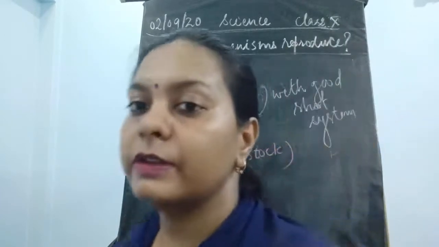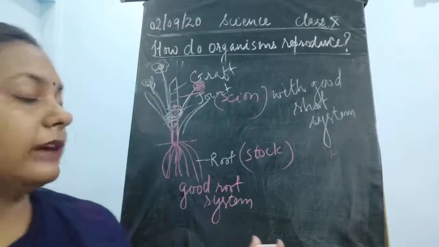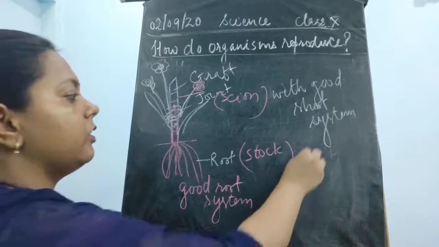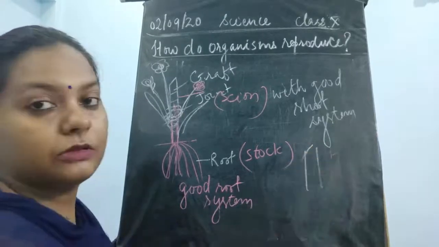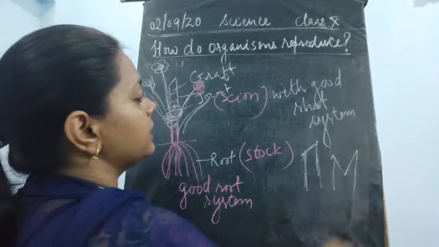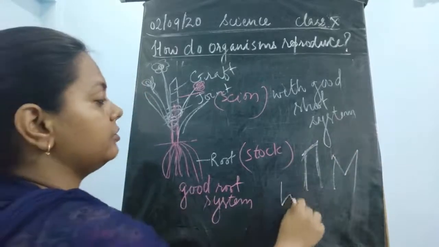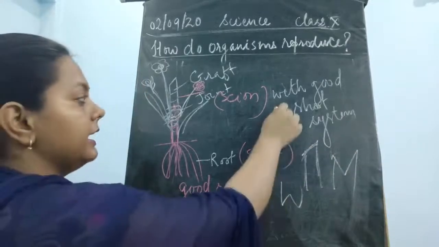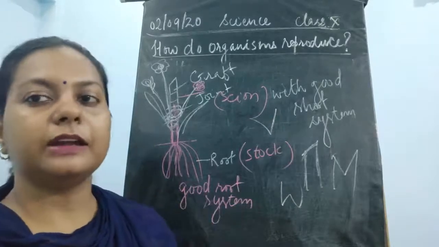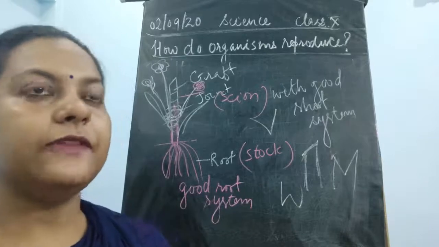So this is all about the grafting, children. Here in the grafting we can either cut obliquely like this, or in certain shapes, in M shape or in W shape, or in the N shape, or the V shape. The grafts are being cut in different shapes, and accordingly we will write down the names.